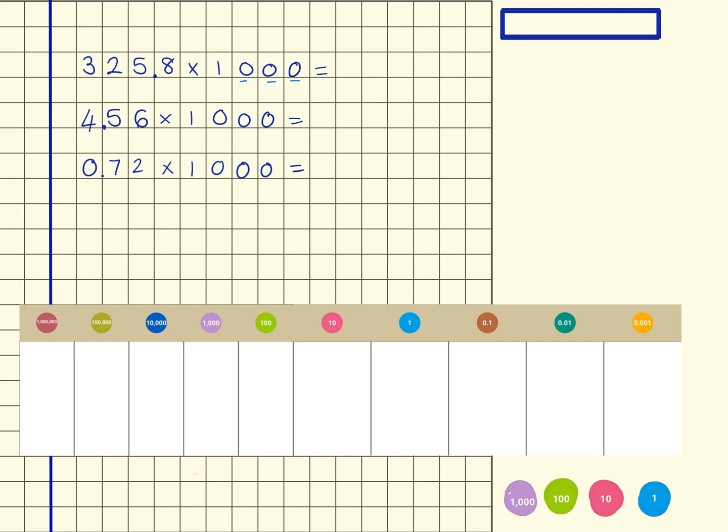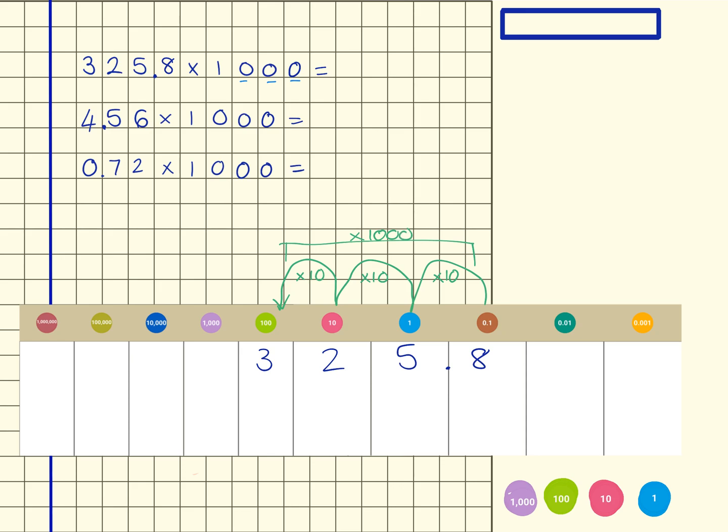So let's start with the number. The number we have is 325.8. We're going to multiply that number by 1,000, so it's going to do 1, 2, 3 jumps, because 10 times 10 times 10 is the same as times by 1,000.